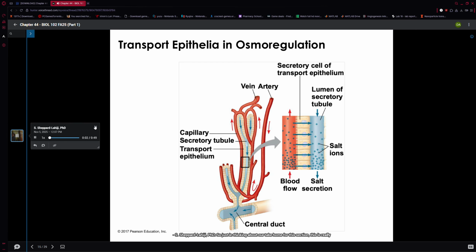So just in thinking about our take home for this section, this is really all about how osmotic balance is maintained, and the need for osmotic balance is important because tissues depend on that balance to carry out effective metabolic functions.